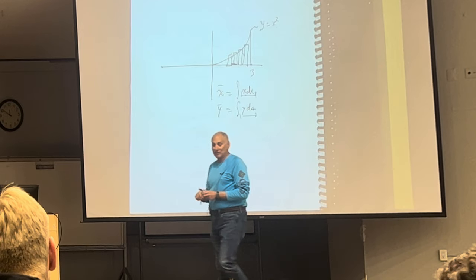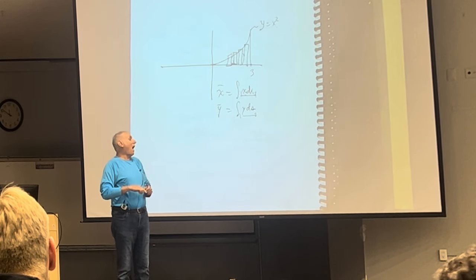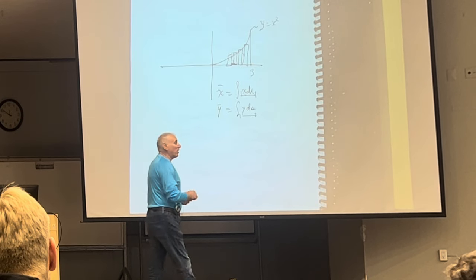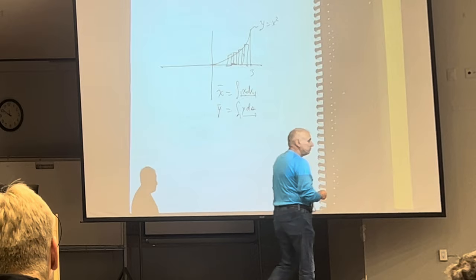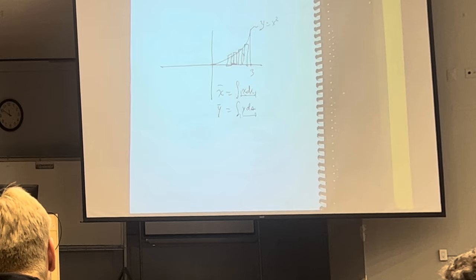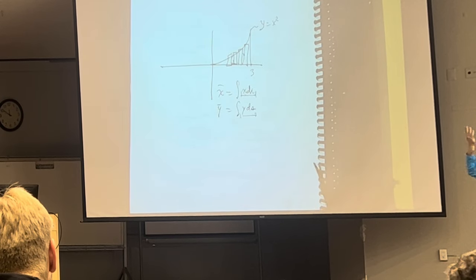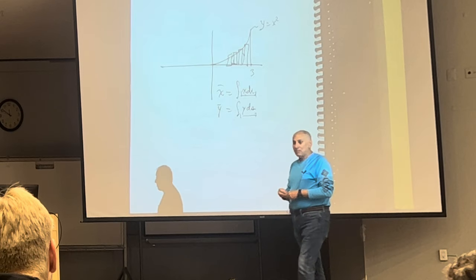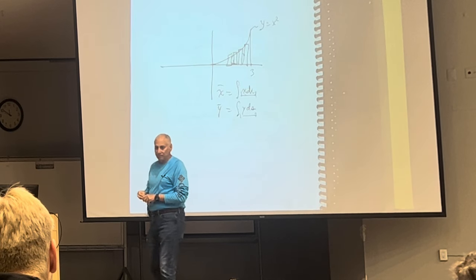I'm not going to spend a whole lot of time on direct integration. Why? Because in the real world, you aren't going to do integration anymore. Trust me. Unless you get some architect that's going to give you some funky looking shape and then you go, oh, I'm going to have to do integration. What's that percentage going to be? Minimal.